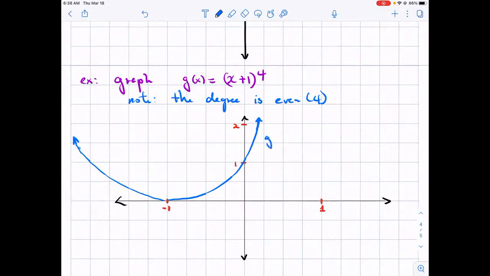And this is the graph g of x equals x plus 1 to the 4th.